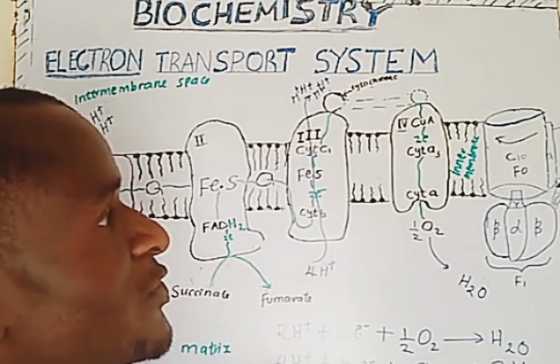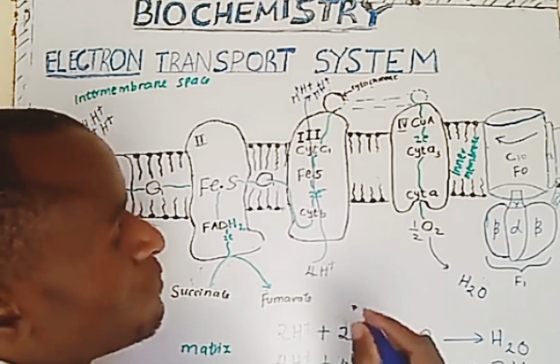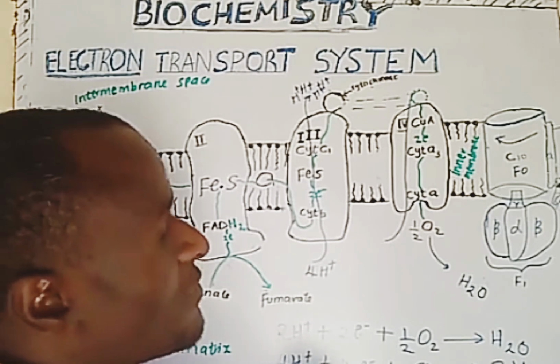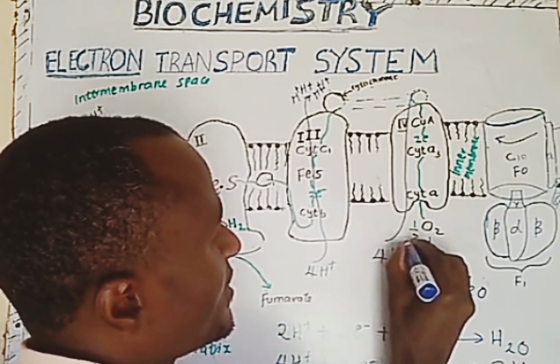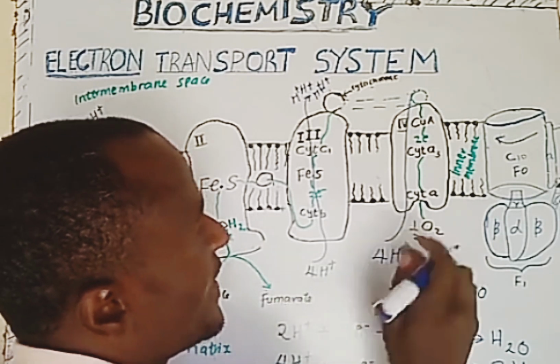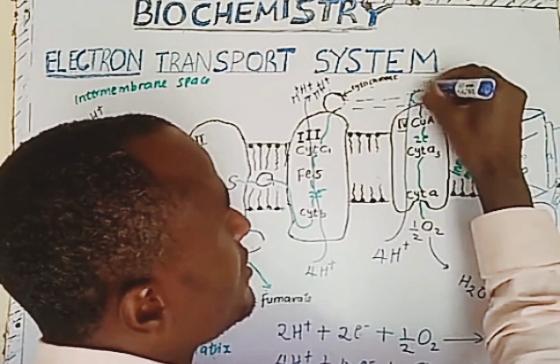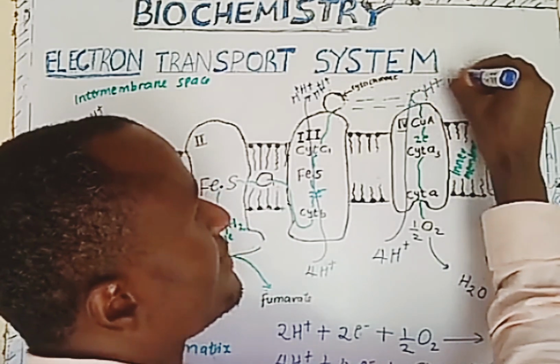Movement of electrons through complex 4 generates an electric current, which makes it supercharged. So complex 4 pumps 4 protons from the matrix of the mitochondrion. But the difference from other complexes is that only 2 of those protons reach the intermembrane space.